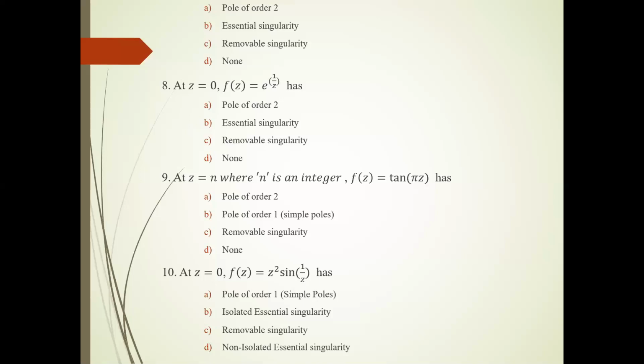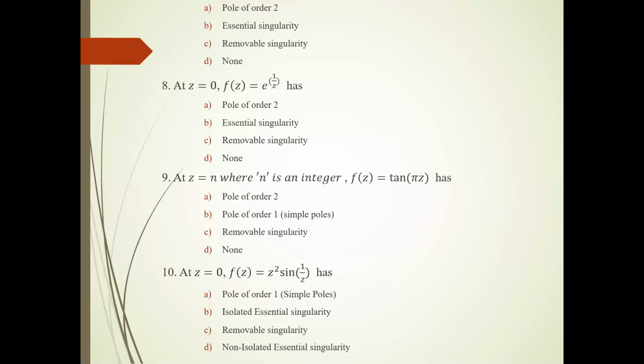Also, you know the definition of pole, removable singularity, and essential singularity in terms of the principal part. Suppose we have a function f(z), and we find the Taylor or Laurent expansion of the given function. There are two parts in that series: one part is the analytic part, and the other part is the principal part.